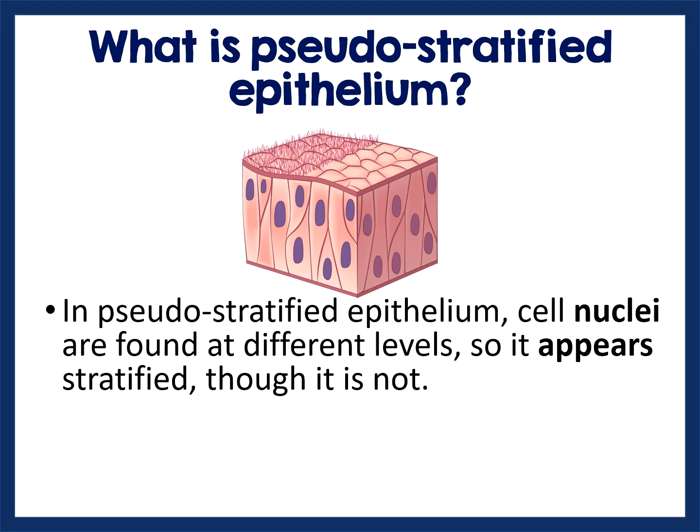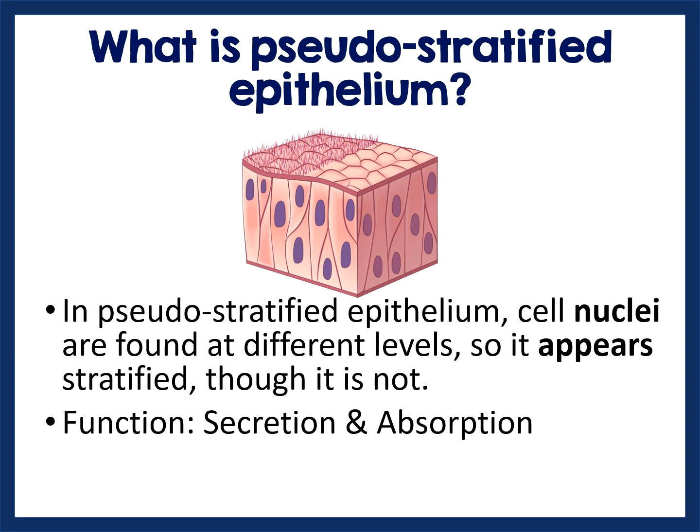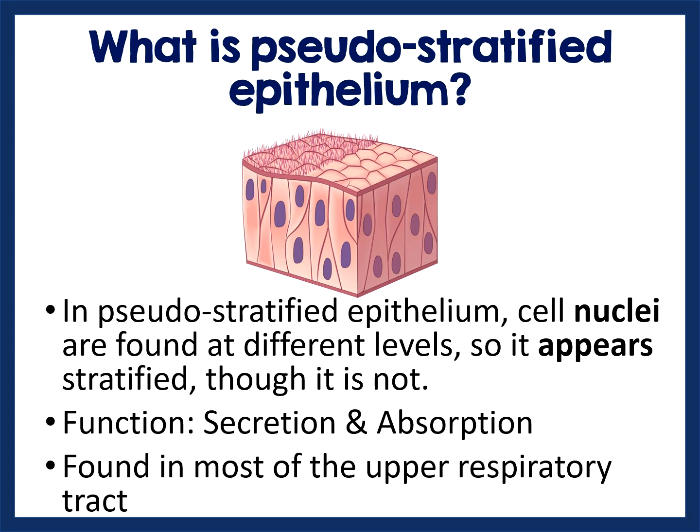So pseudostratified is a type of columnar epithelium. And if you want to try to identify the pseudostratified, you're going to look at the location of the nuclei. The nuclei are going to be found at different levels, so it appears to be stratified, but it's actually not.